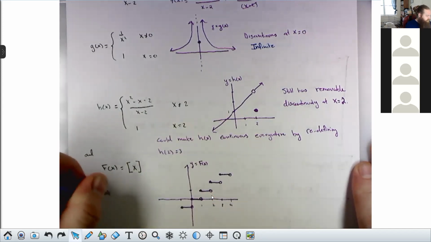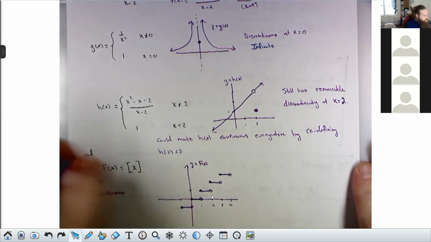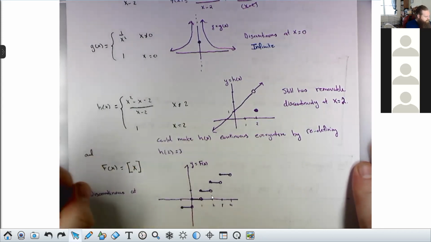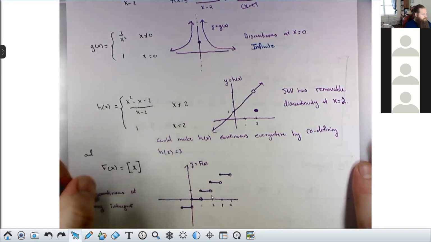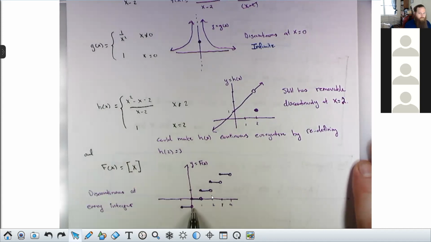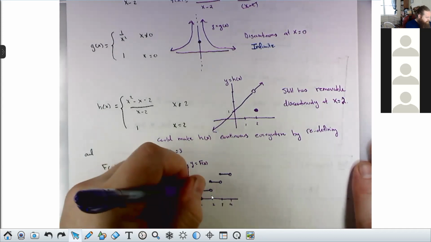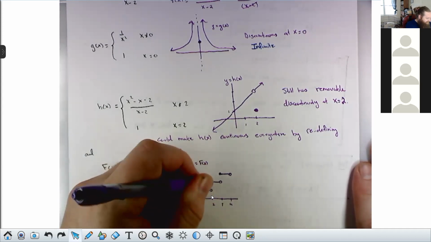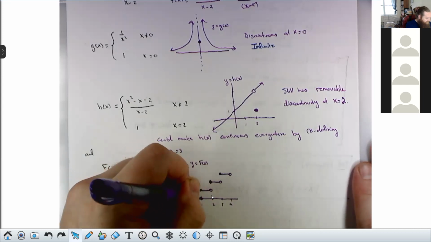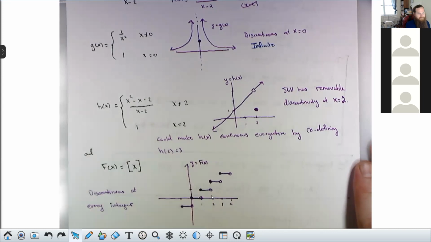Discontinuous at every integer. Right? Because at every integer we make a jump. And my choice of language there gives away the classification. What kind of discontinuities are these? Yeah, they're jump discontinuities.